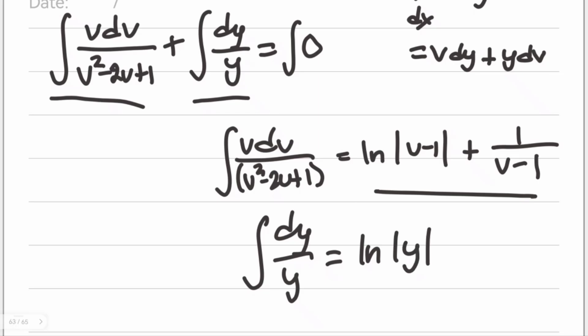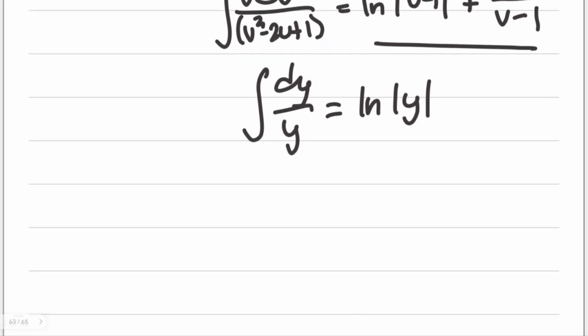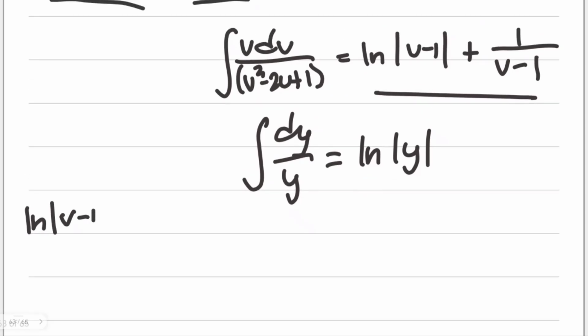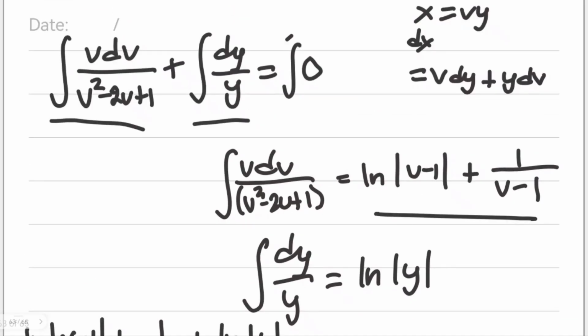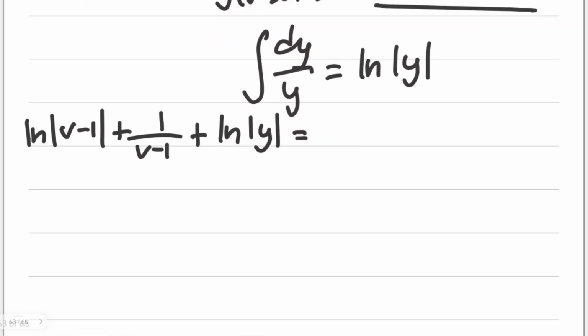So completing this, you will have the natural logarithm, this first result, of v minus 1 plus 1 over v minus 1 plus the natural logarithm of y is equal to the integral of 0, a certain constant c.